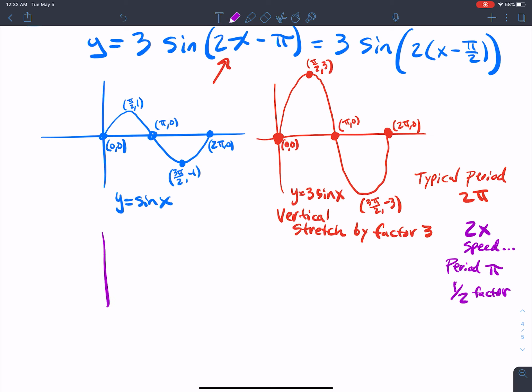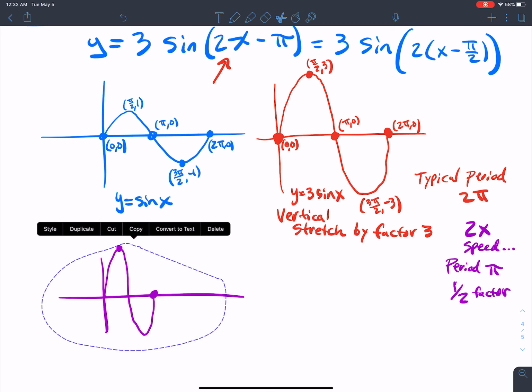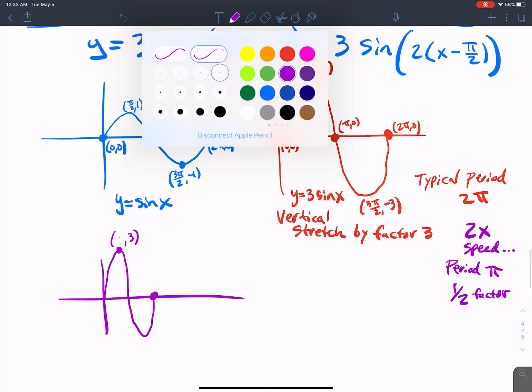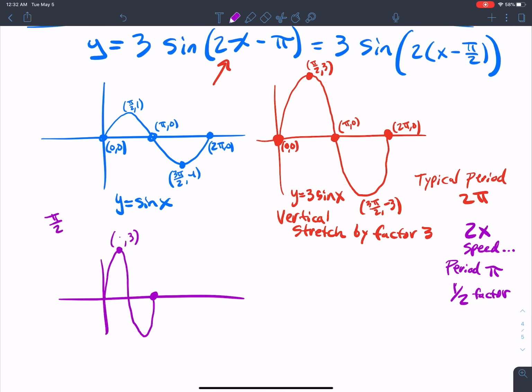So what does that mean? Now all of a sudden, my amplitude is high. Let me move this down a little bit. Okay, so it's still going up to 3. But instead of it taking pi over 2, it's half the time of pi over 2, which is pi over 4. Okay? Instead of going from 0 to 2 pi, it goes from 0 to pi. All right, so I finished my period in half the amount of time.